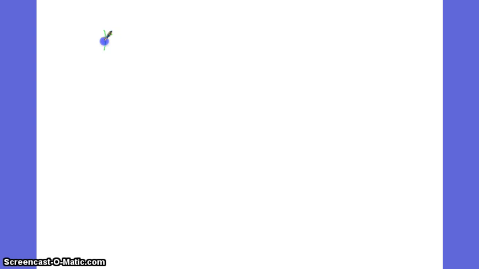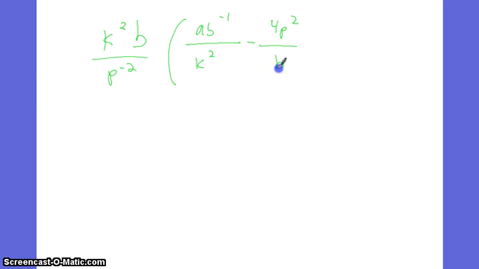Let's try another one. k squared b over p minus negative 2 power ab negative first power over k squared minus 4p squared over b. I want all my variables in the denominator. So first, distributive property.